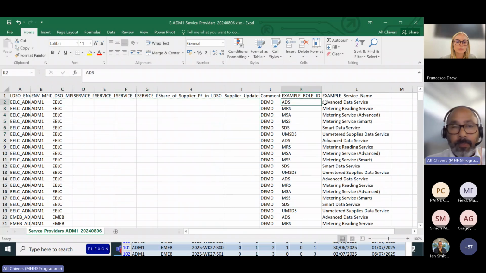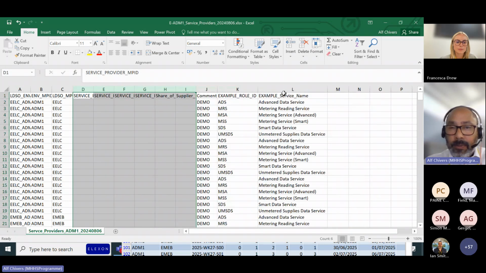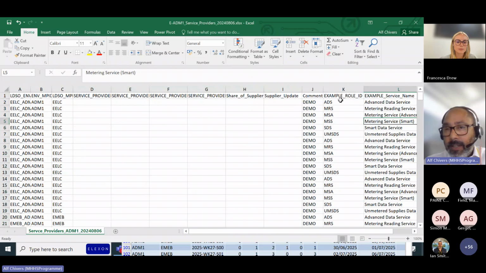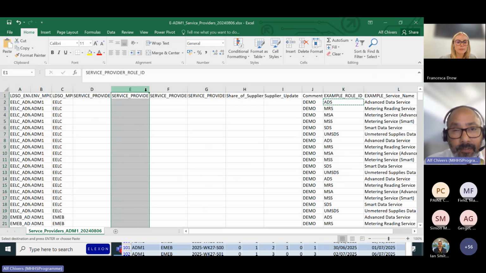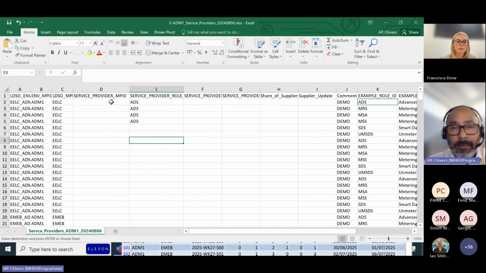So in this example, I'll fill in an advanced data service. So let's have a look here. This is just an example key lookup. So let's assume I have for this role ID, and this is the DIP role ID, 4 advanced data service providers that I expect to be using.